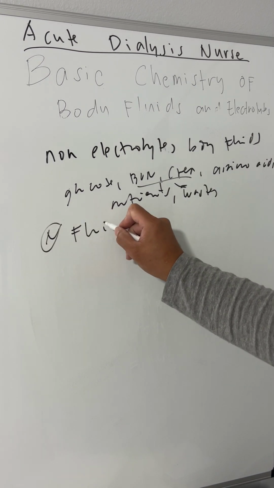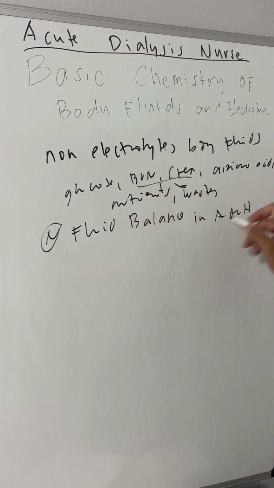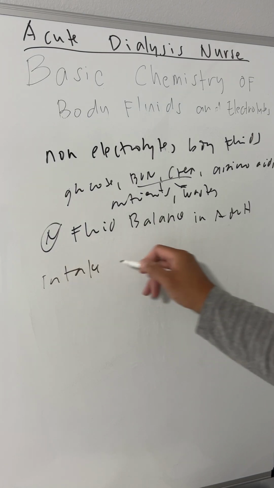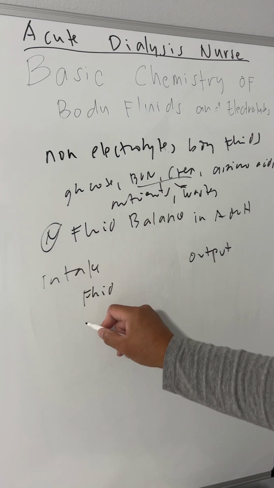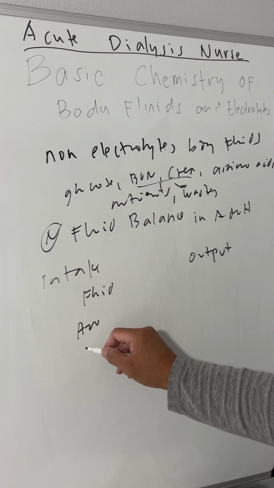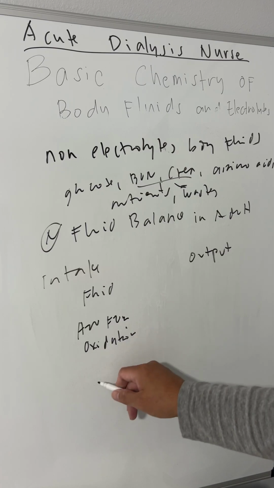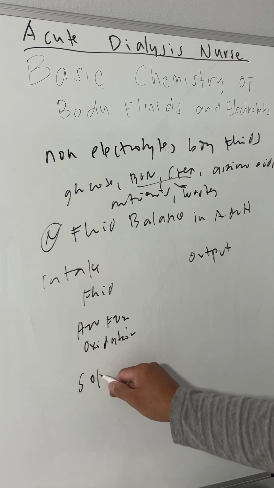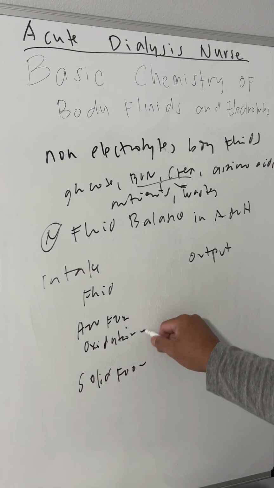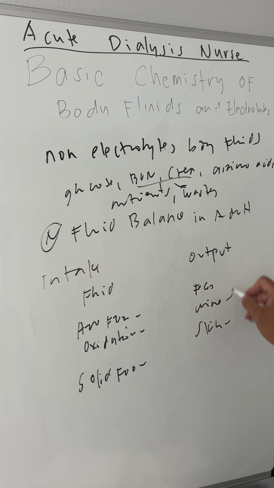Normal fluid balance in adult. So intake, then output. Water from oxidation, solid food. Okay.